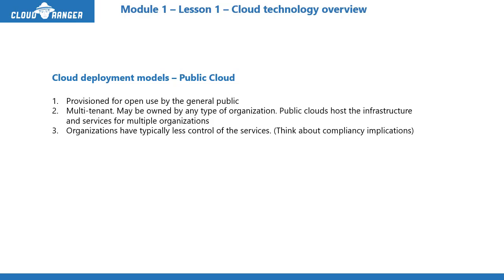A lot of people are hosted there. It may be owned by any type of organization. Like I mentioned, you don't even have to be an organization. You as an individual can go right now and create a virtual machine and start doing whatever you want to do. So it's as good as having as many servers as you want, creating your own labs, which we will do in the forthcoming lessons, and you'll notice that it can be any type of organization or individual who can do it.